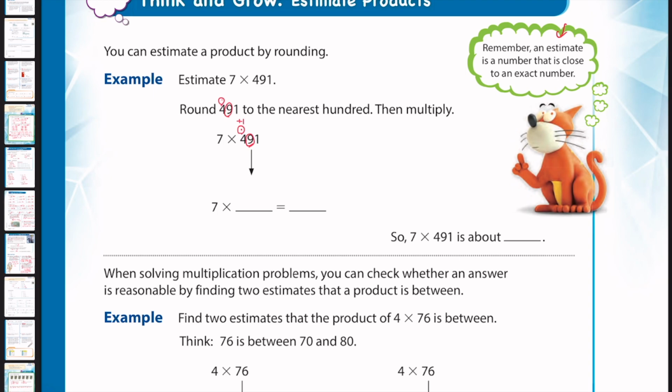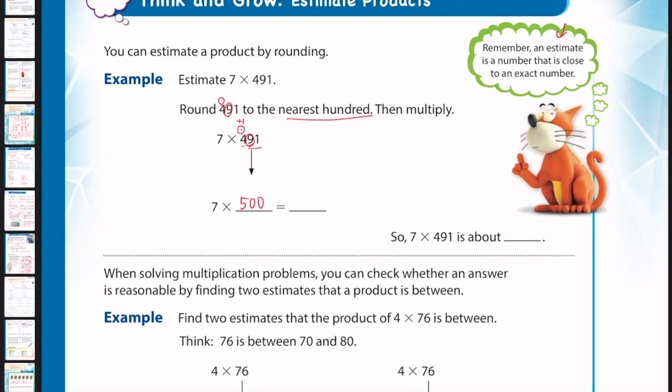You need to add 1 to the target number and make everything else 0. Or you can simply compare: 491 is closer to 400 or 500, because those two numbers are between 491. Okay, so this is 500.